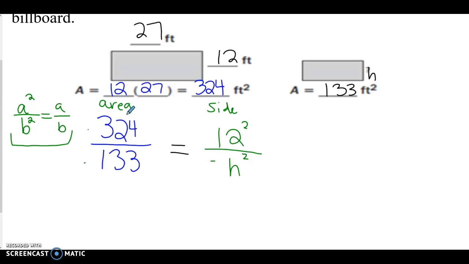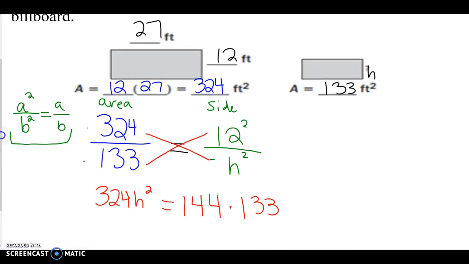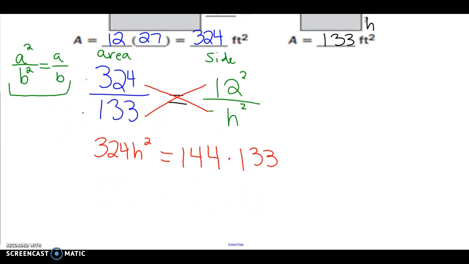Okay, so in order to solve, we need to cross multiply. So we have 324 H squared is equal to, what's 12 squared? 144 times 133. So we're just cross multiplying all of them.